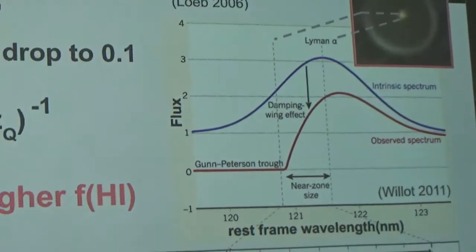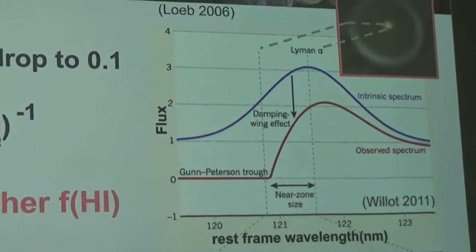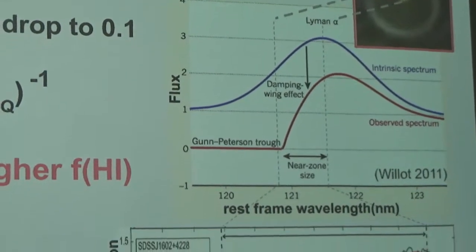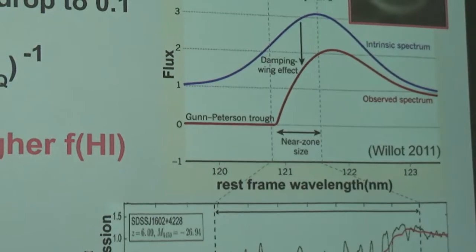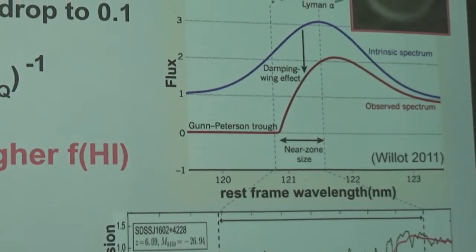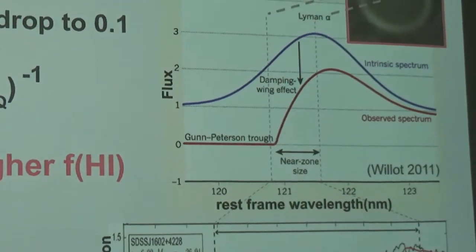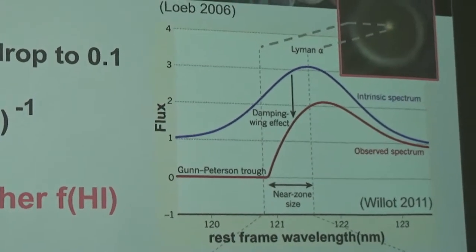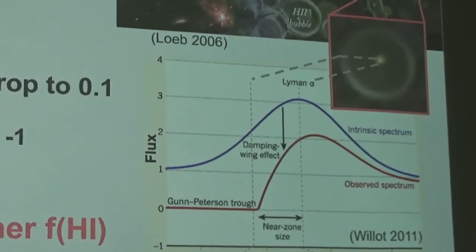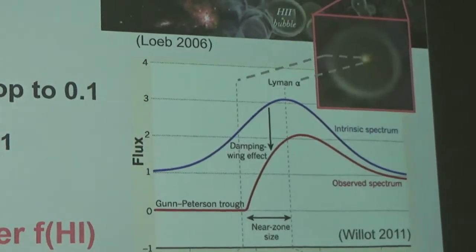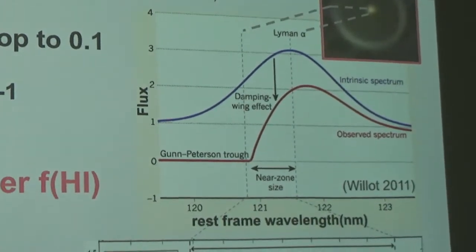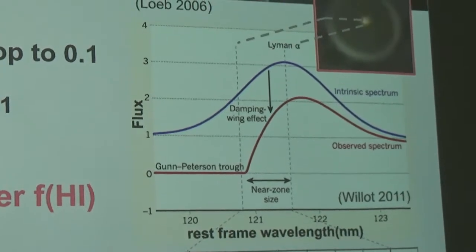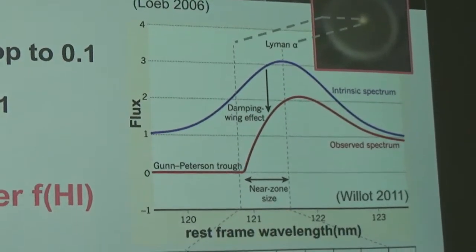So you're trying to decide where it goes down to 0? Is that the question there? I'm trying to decide the transmission profile here. Well, the size is what you want to know, the size of the near zone. And so that's a difficult thing to measure. That's nice data down there. But you're trying to measure where it hits 0.